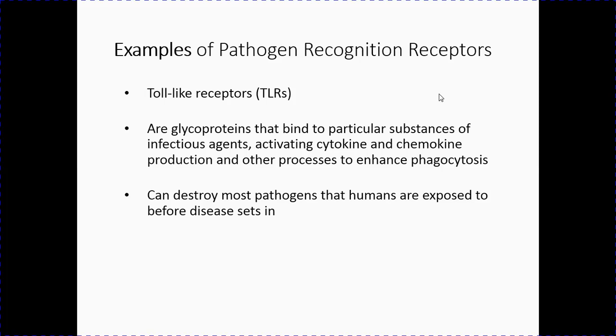Why do we need internal and external toll-like receptors? Well, because we know that some of our pathogenic organisms live outside of the cells, and some of them live and replicate inside of cells, like a virus.